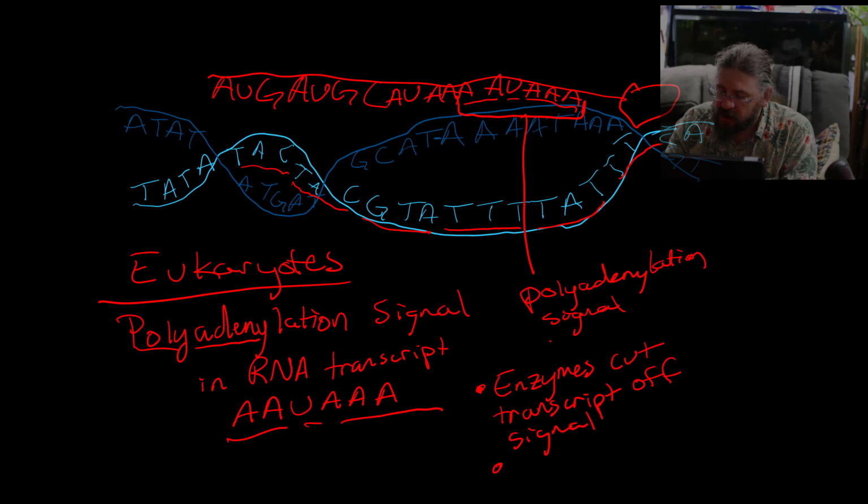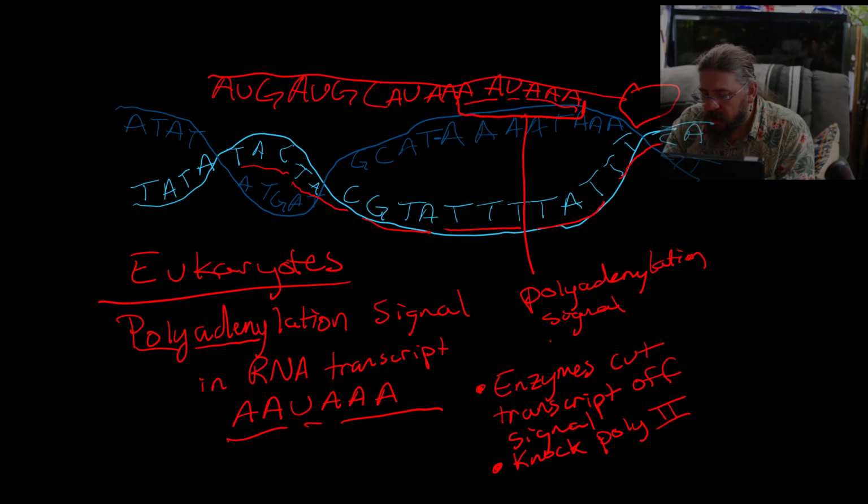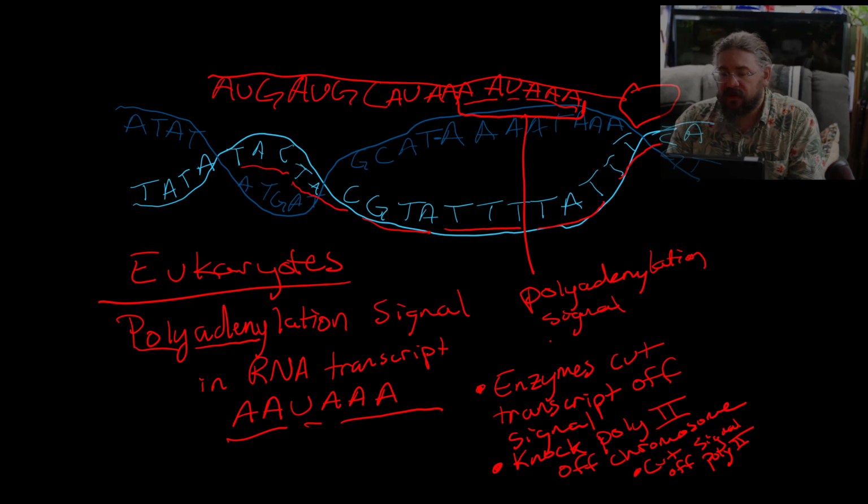And then we're going to knock polymerase 2 off our chromosome, and then they're going to cut the signal off poly 2. And that's how we stop there.